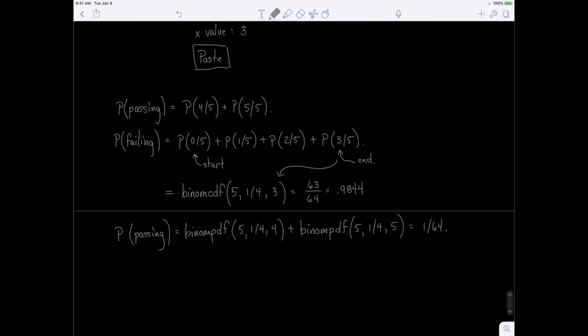But there's another way. Notice that the sum of all the probabilities is always 1. So the probability of passing is the same as if you take 1, that's all possible probabilities, and you subtract off the probability of failing.